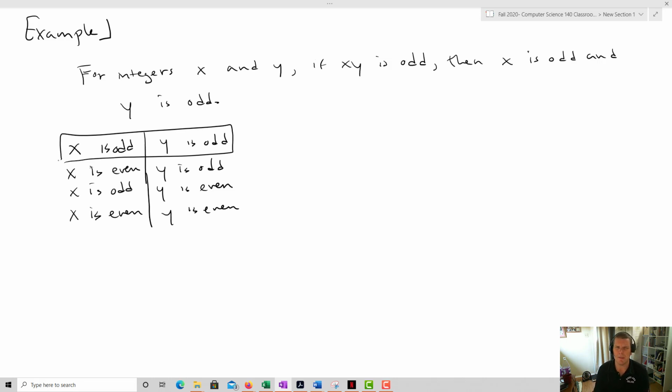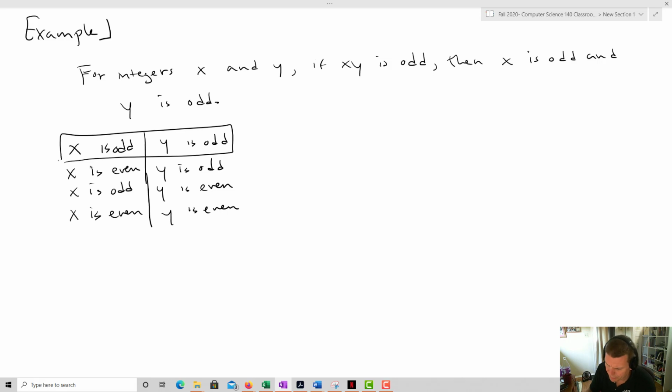We're going to show that it's impossible, that xy would not in fact be odd. If we show that x can't be even and we show that y can't be even, that means that x must be odd and y must be odd. So we're going to use two proofs to prove this statement about x and y being odd, okay?